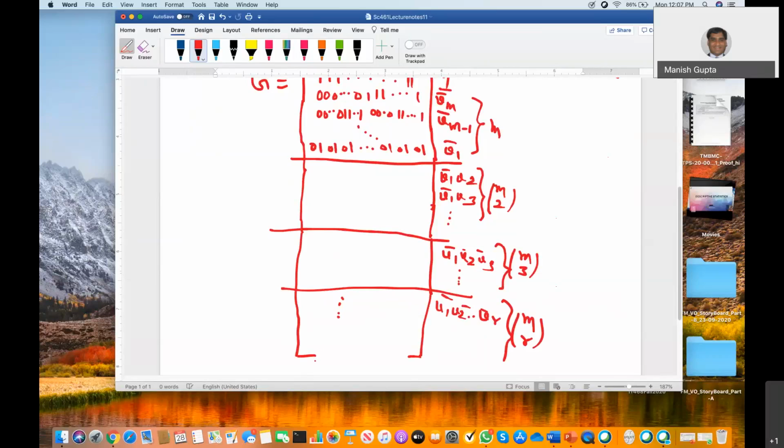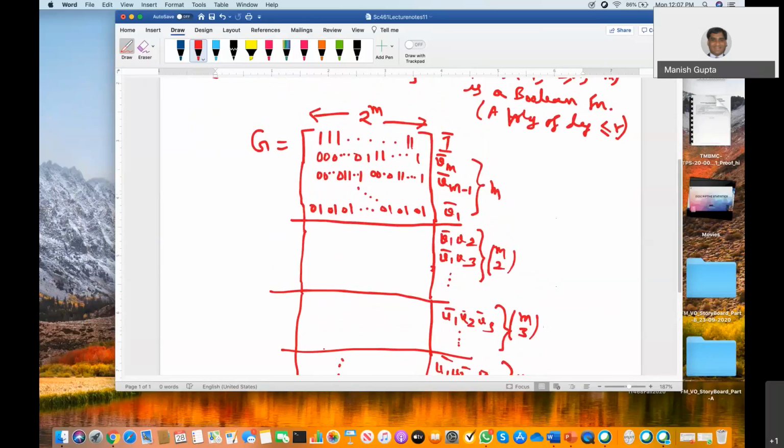So the first vector is the all one vector, then the m vectors v1 through vm, then we choose two vectors and multiply them, giving m choose 2 vectors in the generator matrix.